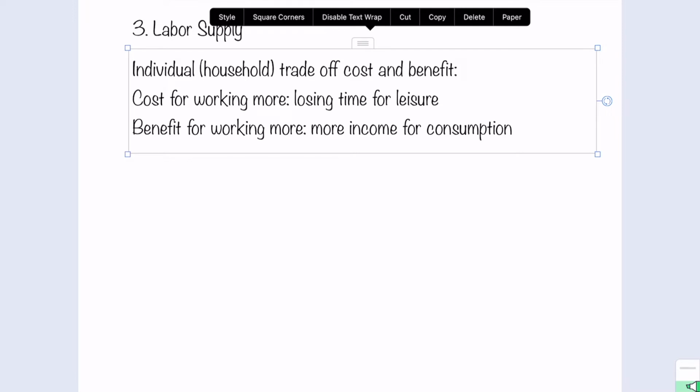So when we are looking at labor supply from the individual's or household's perspective, we know that at the end, we are looking at the utility function. That utility function values consumption and leisure. While we supply labor, we can afford to consume more. However, we forgo the opportunity to enjoy the happiness we can get when we have leisure.